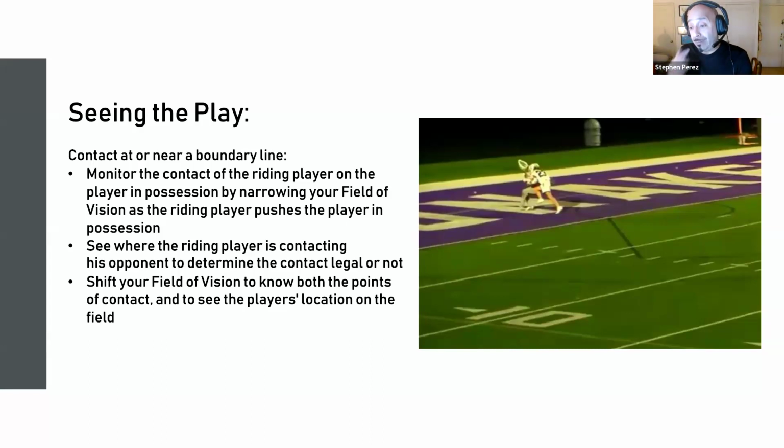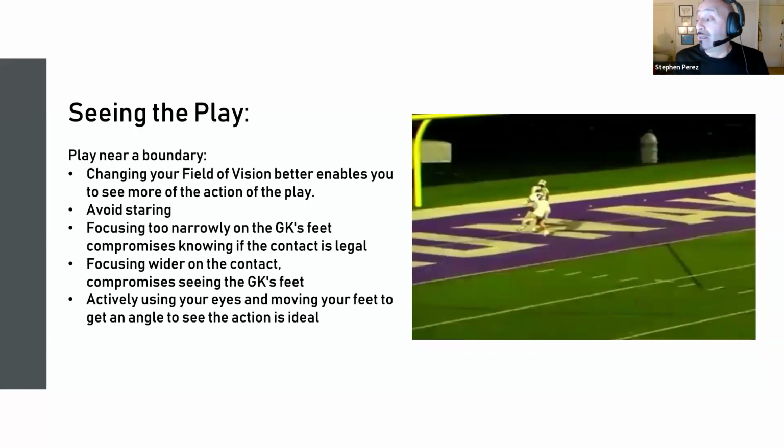Now, as he gets closer, we're going to shift our field of vision to know the points of contact and see the player's location on the field. We cannot stare at anything at this point because there's one official and you've got about a billion things going on. So now we have the play near the boundary line. We have to change the field of vision to see more action of the play. Again, we do not stare, because if you stare, you're either going to miss the foot out of bounds, or if we're staring at the feet, we're going to miss some contact.